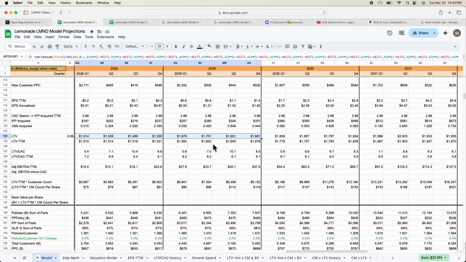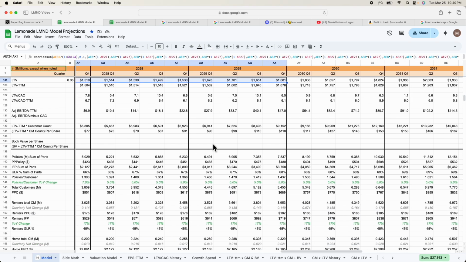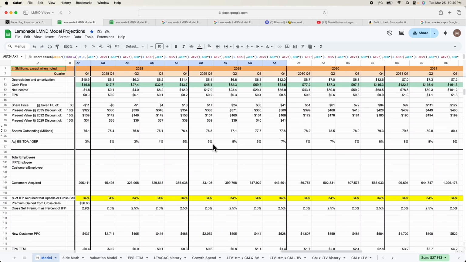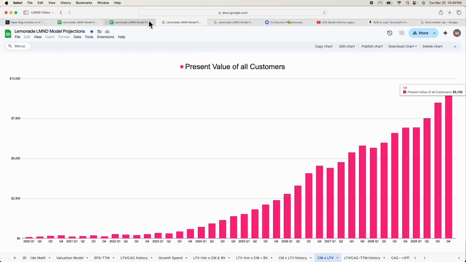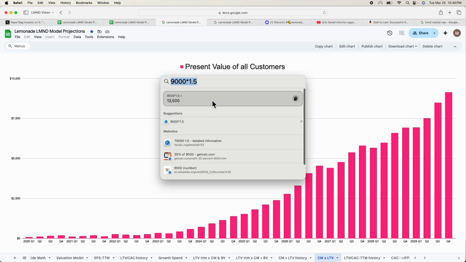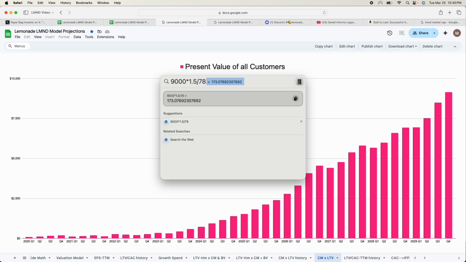And let's say there's a little bit of dilution in that. So back to my model here, say you have 78 million shares over that span. So say 13.5 divided by 78. Well, then you could definitely argue that in 5 years, maybe it should be worth $173 a share, just based on this metric.